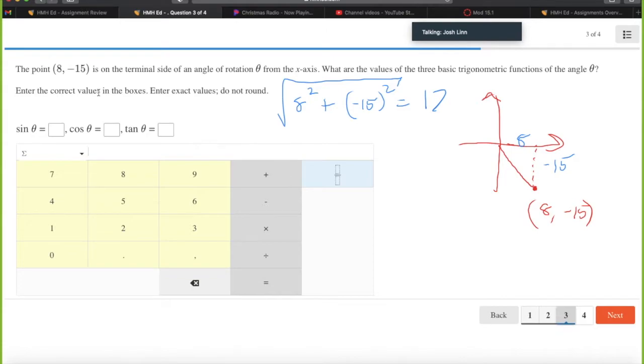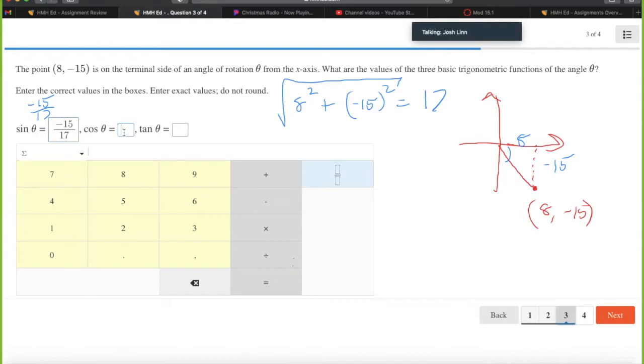So our sine, because this is our theta, is negative 15 opposite over hypotenuse, so we get the fraction negative 15 over 17.